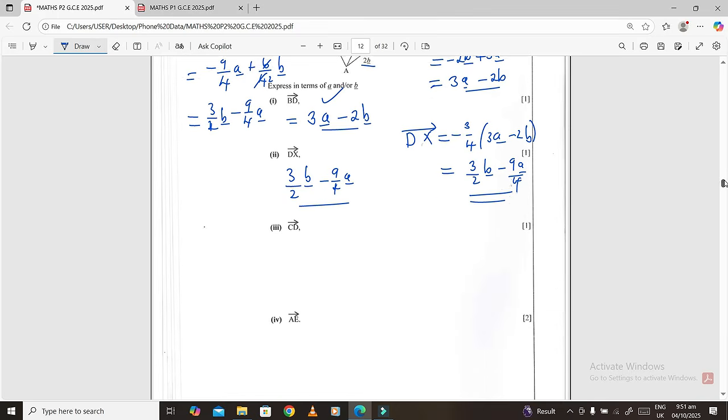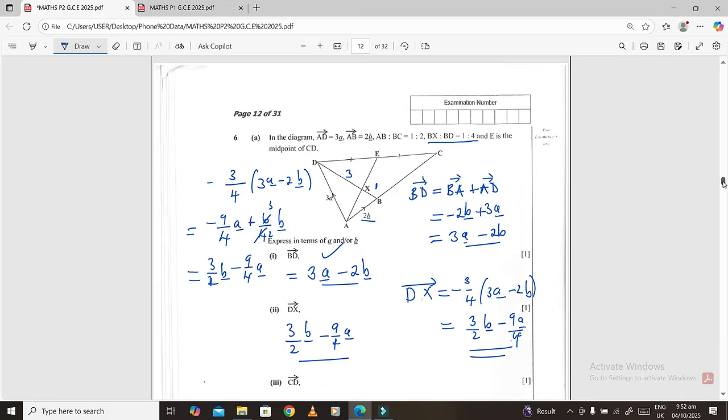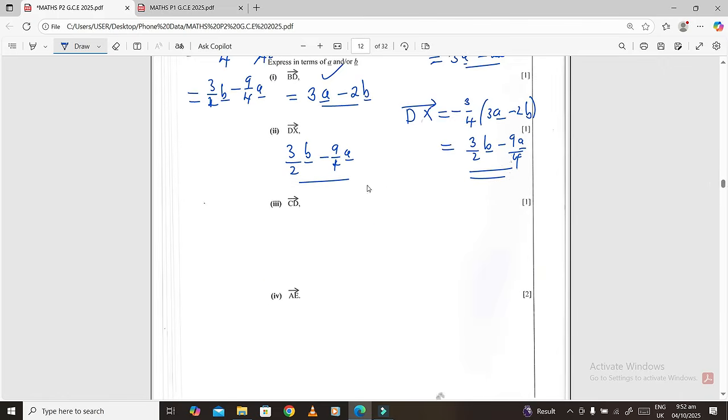So for the next question here, they're saying CD. CD will simply be equal to CA plus AD.